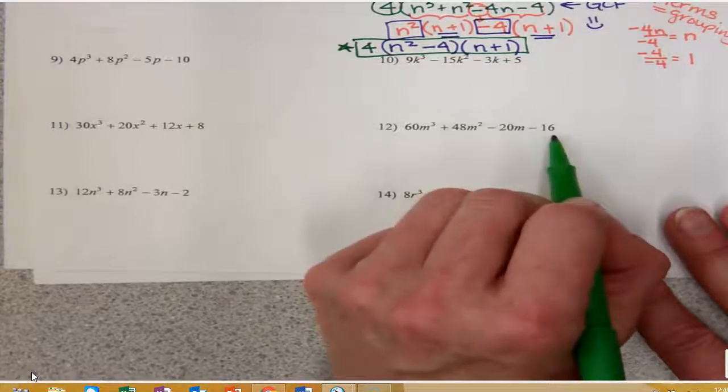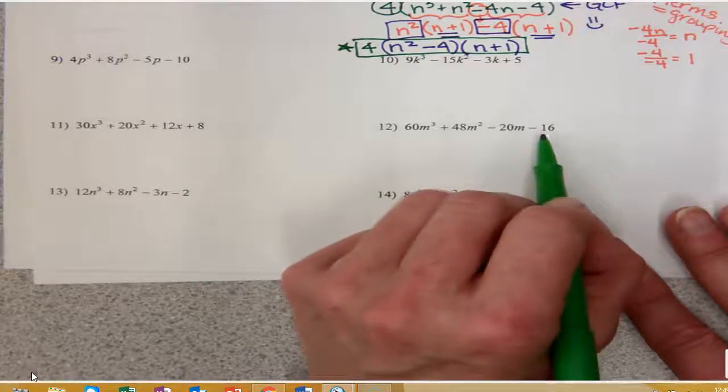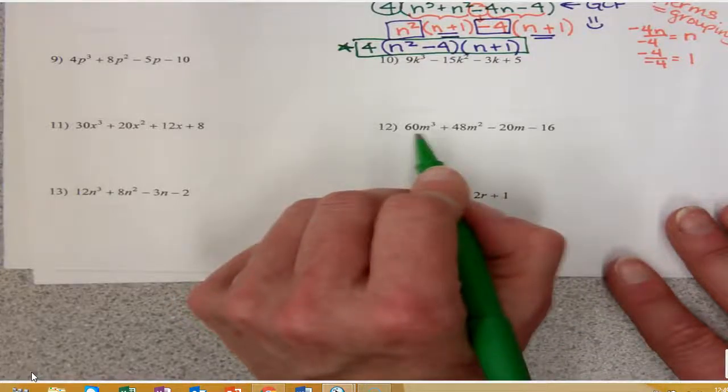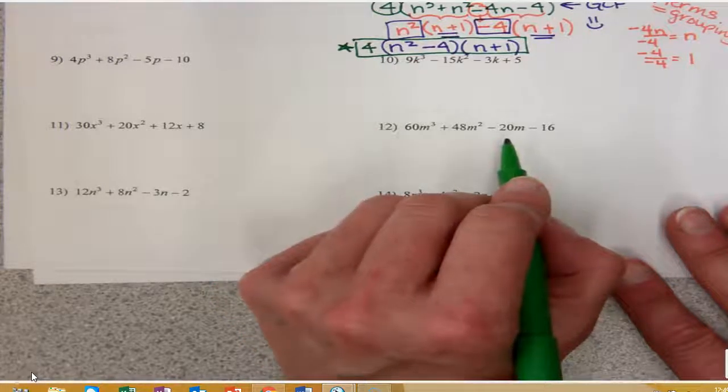The next biggest number that evenly divides into 16 is 8. But 8 does not evenly divide into 60. The next biggest number that divides evenly into 16 is 4. And I do know that 4 goes into 60. I know that 4 goes into 48, and I know that 4 goes into 20.